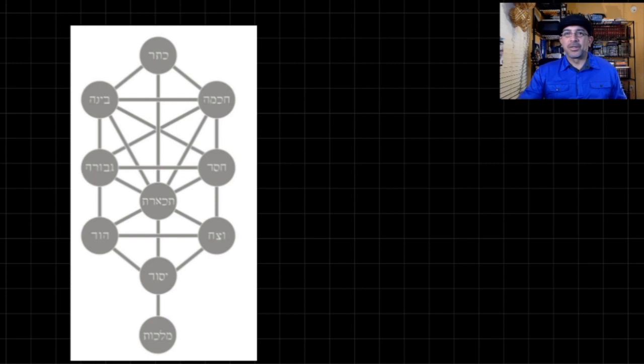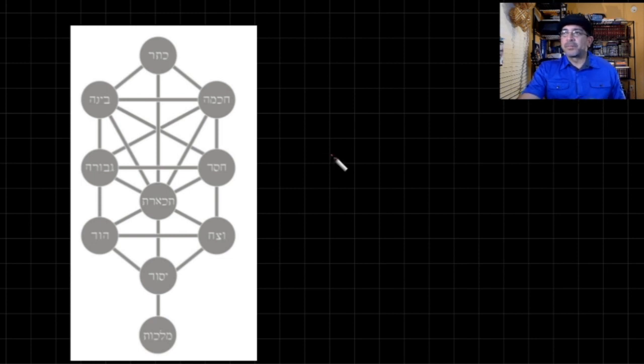So let's touch base on the concepts of the 10 sefirot. Okay, so we're gonna talk about Keter first. A lot of people might ask, where is it that you get these ideas and these concepts of the tree of life and the names of the sefirot?